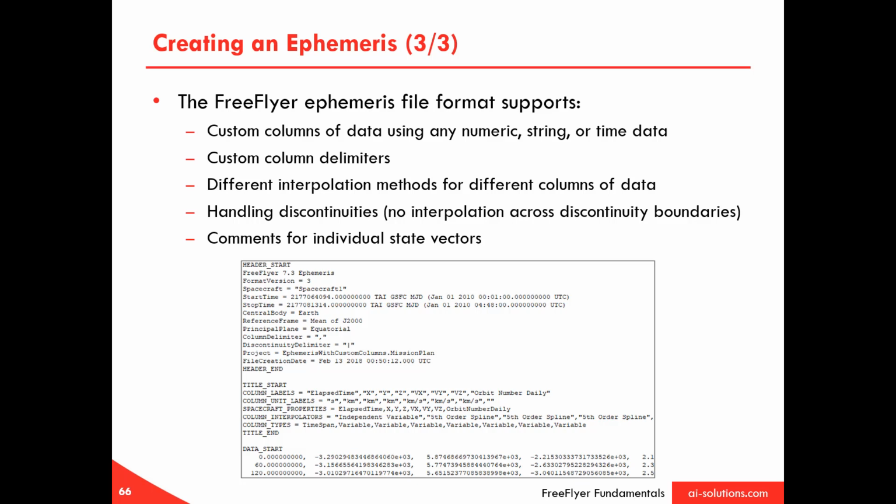You can also specify custom column delimiters, and you can specify the interpolation method to use for each column of data. The Ephemeris file format also supports handling discontinuities, so if you have a maneuver contained within the Ephemeris, you can mark the beginning and end epoch of your maneuver so that FreeFlyer won't attempt to interpolate the states across that discontinuity. You can also specify comments for individual state vectors that will be saved in the file.